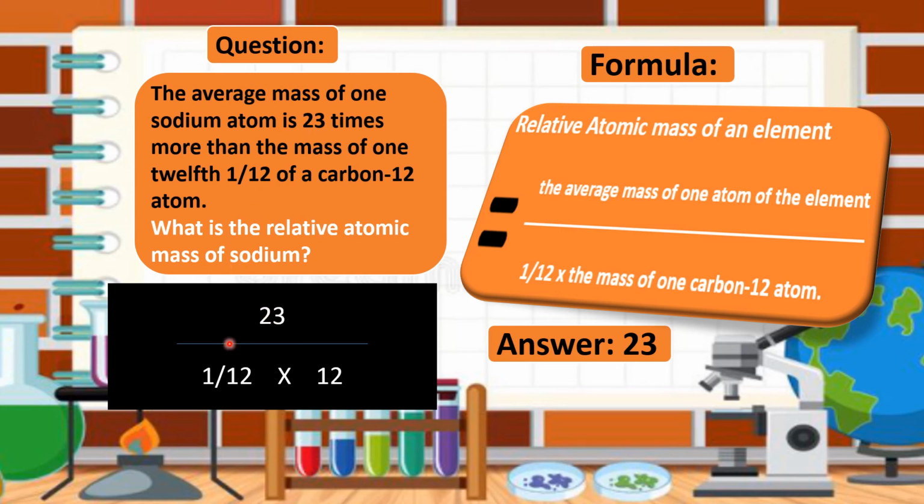So I write here 1/12 times the mass of one carbon atom, which is 12, so 1/12 times 12. The numerator is the average mass of one atom of an element.